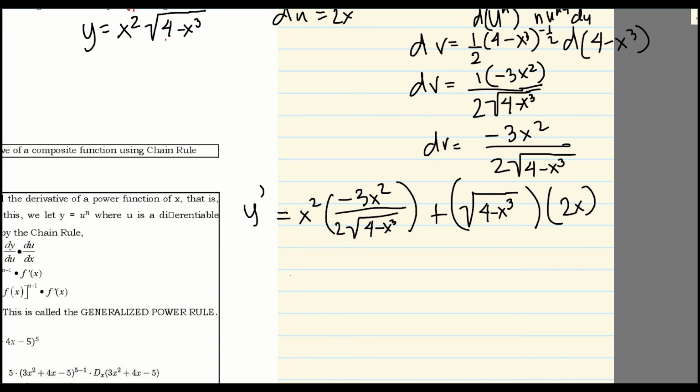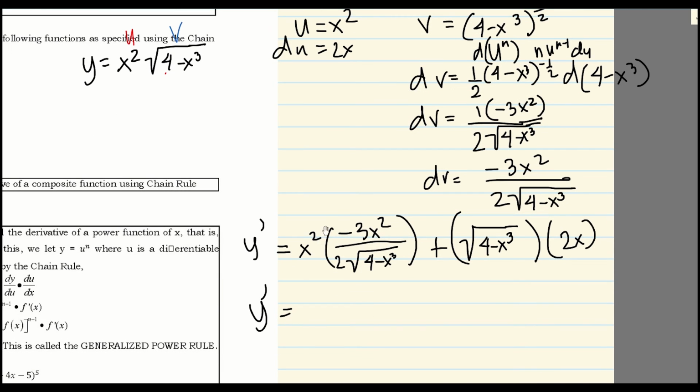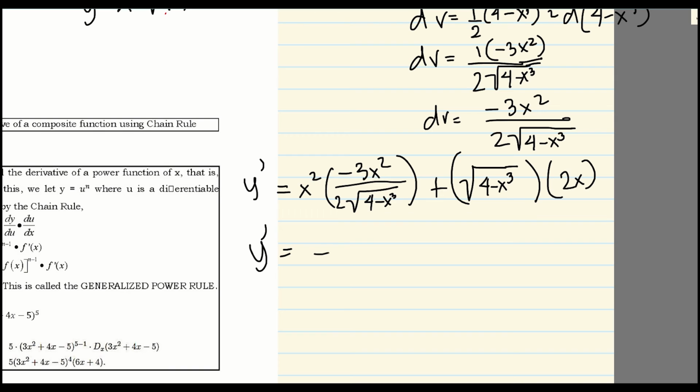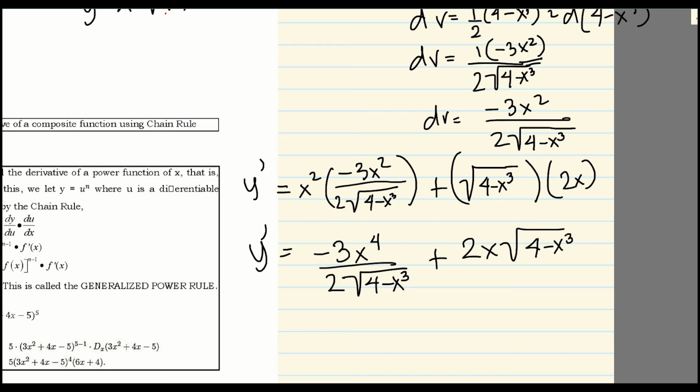Now we have x squared and x squared. Is that correct? It is negative 3x to the power of 4 over 2 square root of 4 minus x cubed, plus 2x times the square root of 4 minus x cubed. Okay, so this could be our final answer already.